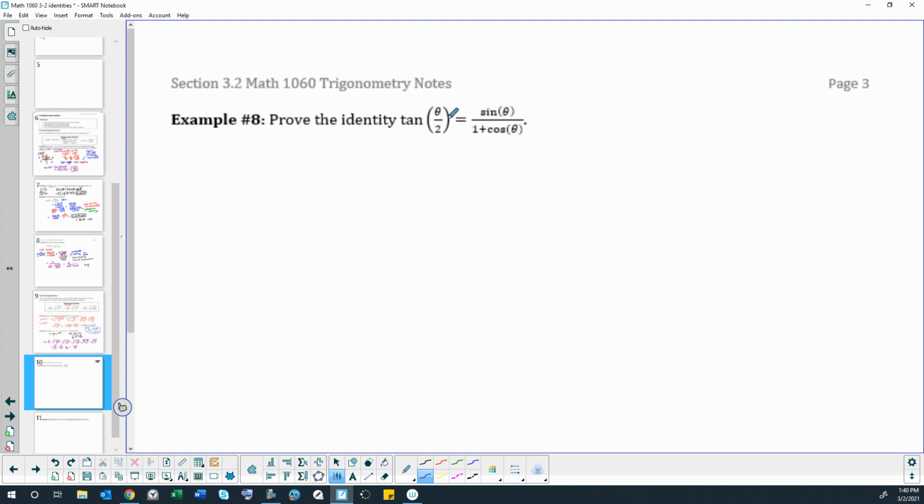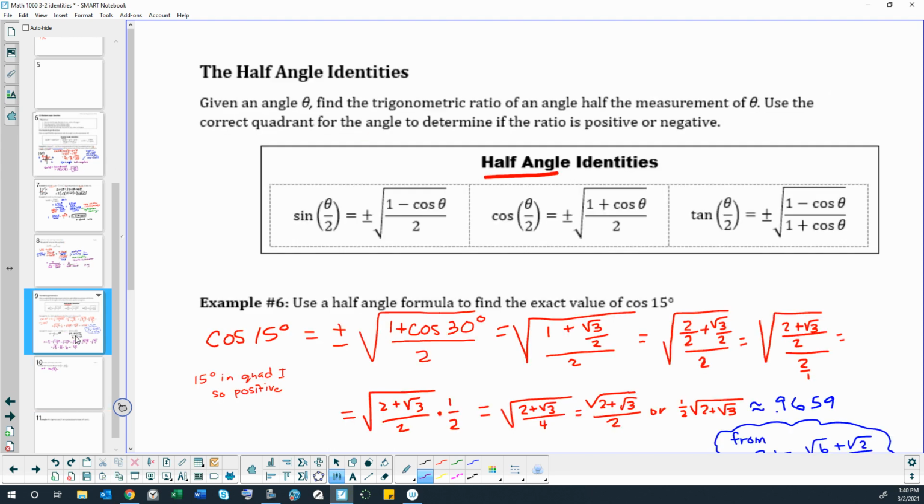So instead of doing the more complicated right-hand side, let's go ahead and start with the left-hand side. The tangent of theta over 2. We're going to replace that with our identity that we learned today. I'm going to go back and look at it really fast.